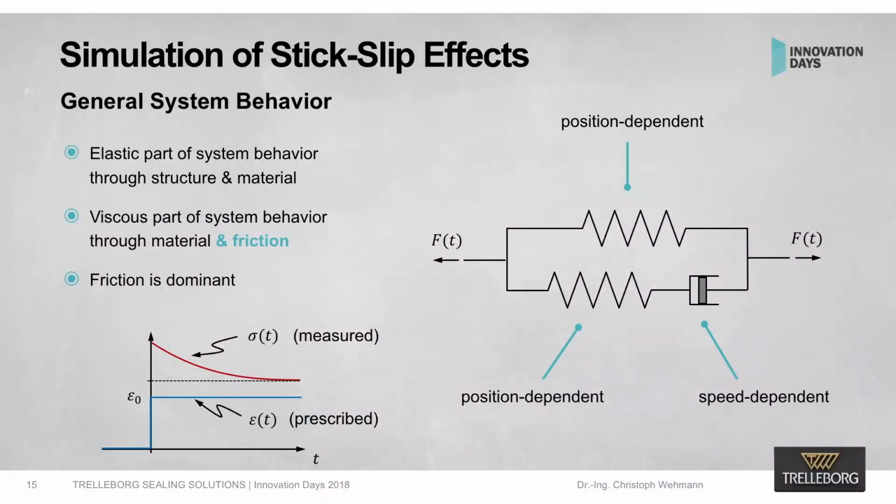So a little picture about the general system behavior. What is quite important now is that we have such a dashpot here beside two spring elements. The spring elements are influenced by the material and by the structure, and the dashpot is also influenced by the material, but it's also heavily influenced by the friction, since friction, as I said, itself is already a dissipative quantity.